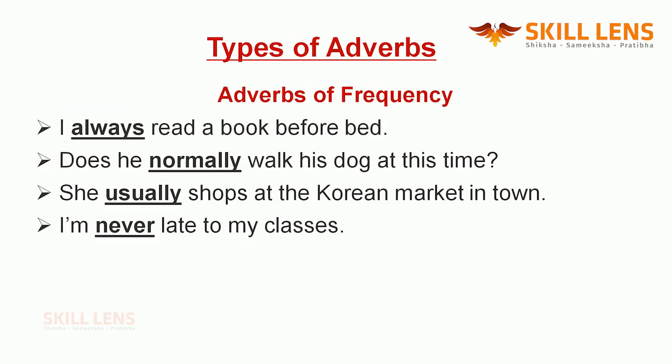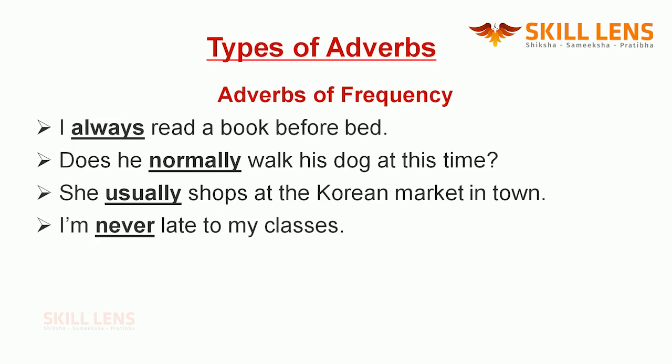A few sentences using the adverbs of frequency. I always read a book before bed. Please note where the adverb of frequency always is used, just before the main verb. The next sentence, does he normally walk his dog at this time?